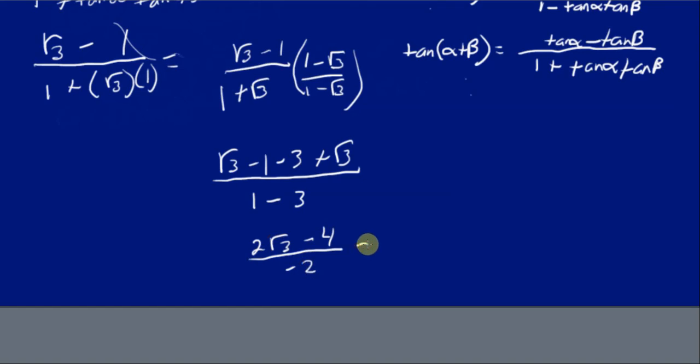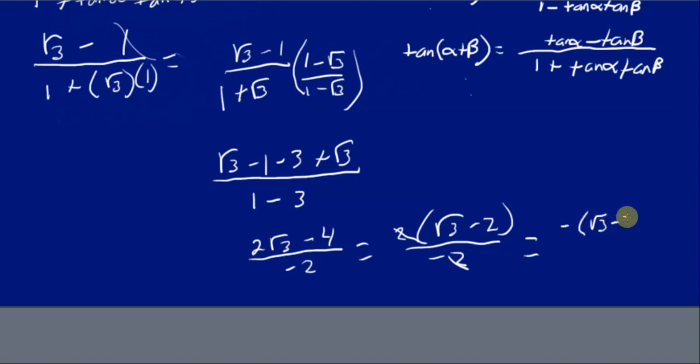So let's factor out a 2. That's going to be root 3 minus 2 all over a negative 2. The 2's cancel, and I can bring the negative to the numerator. So it's negative root 3 minus 2 rather. And if I distribute that negative through, that's going to be 2 minus the square root of 3.